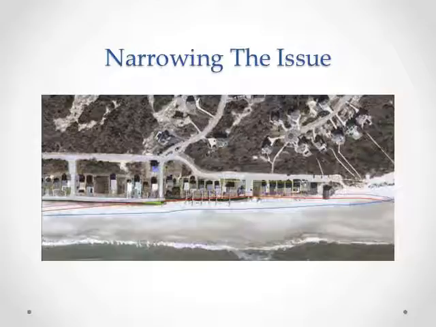Next slide, please. And so you see that the EIS describes these properties as being impacted, even with the terminal groin. So it's 16 properties, 11 developed. That's what you get for $34 million.